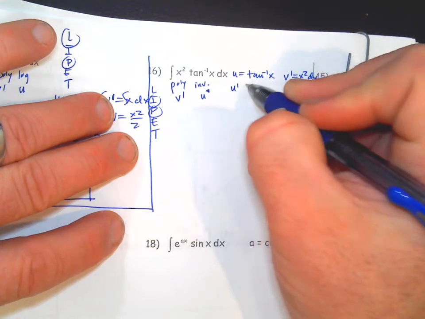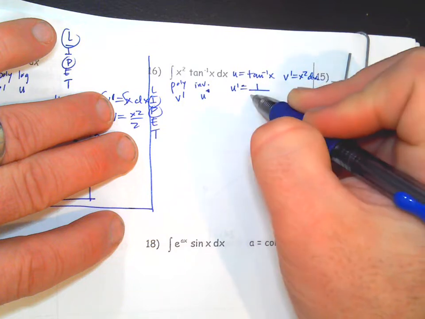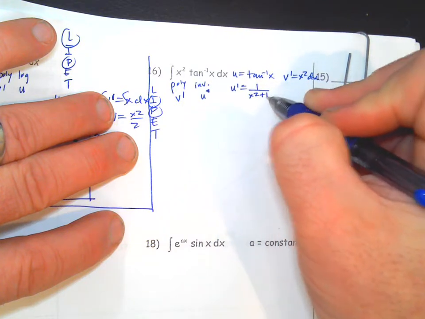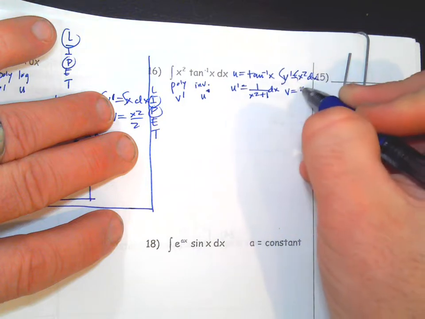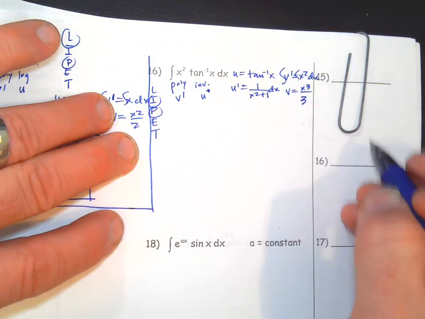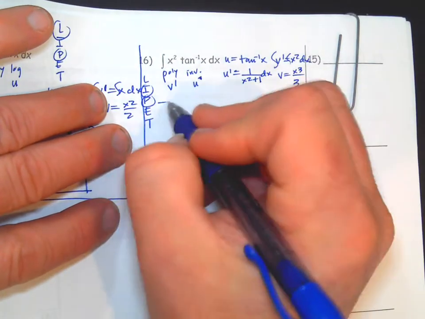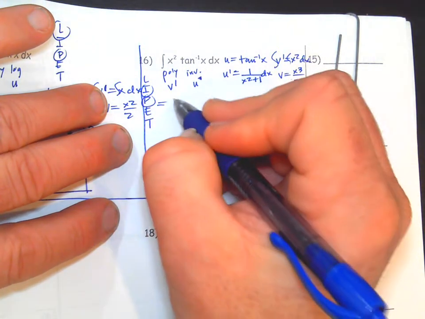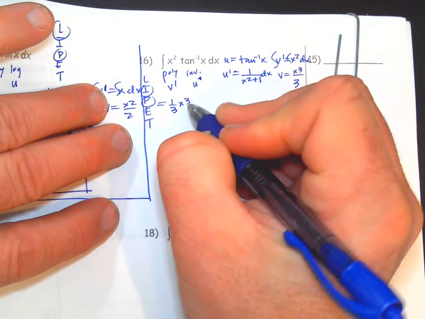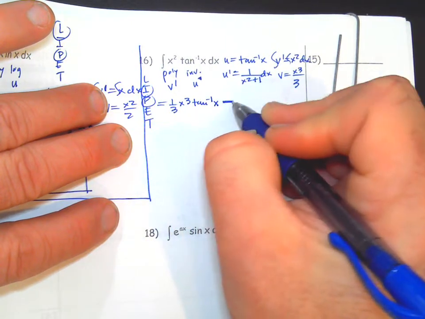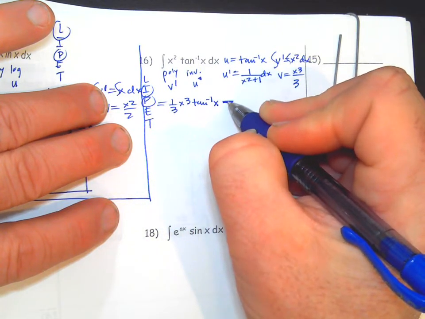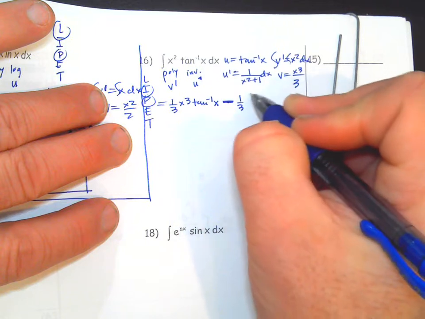You take the derivative, it's going to be 1 over x squared plus 1 dx. And v is going to equal x cubed over 3. So it's going to be uv, 1/3 x cubed inverse tangent of x, minus the two new things. And I'll move the 1/3 out in front.